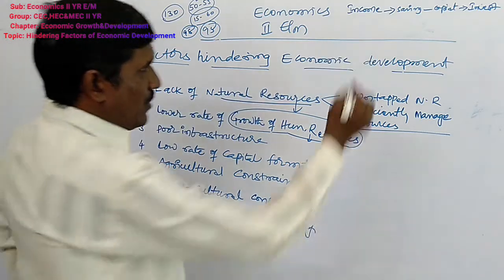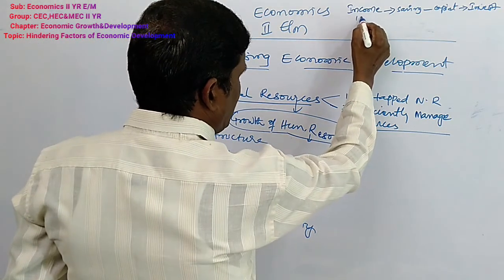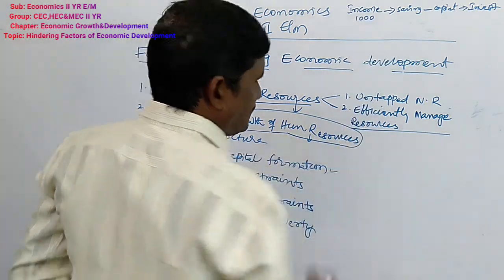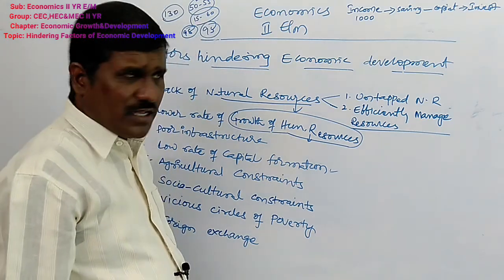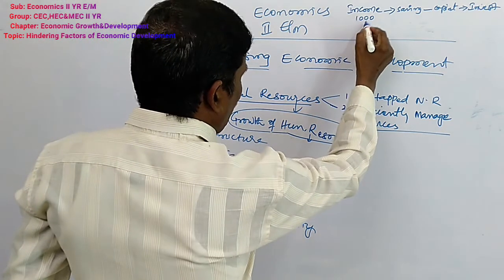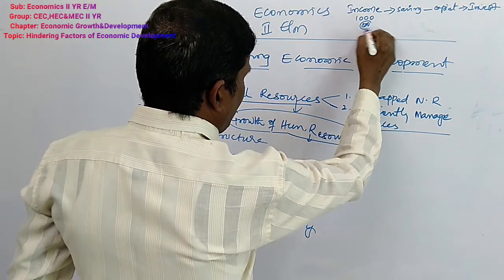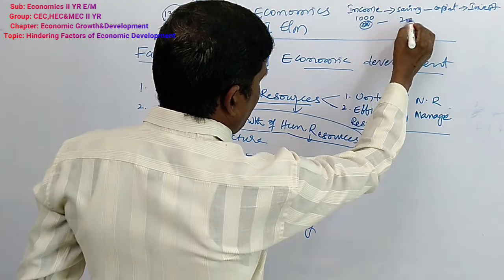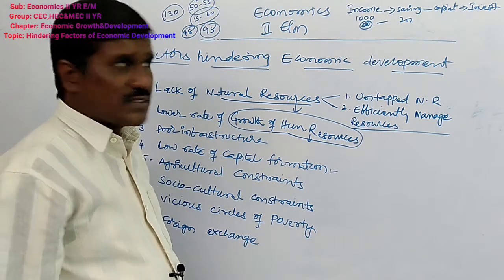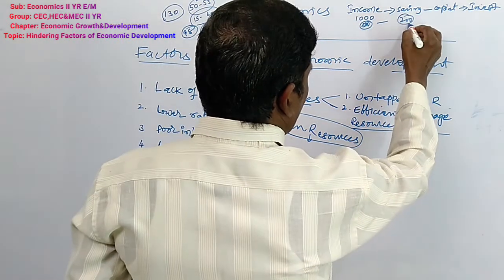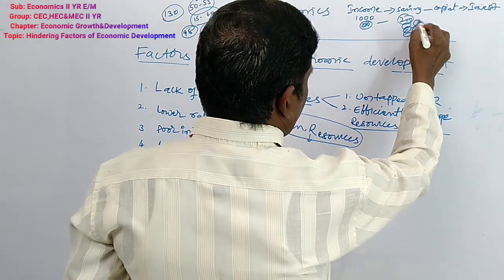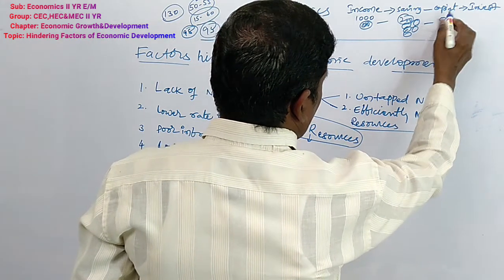For example, if a person has an income of 1000 rupees, out of 1000 his expenditure is 800, and the remaining saving is 200. Then that 200 is changed into capital.